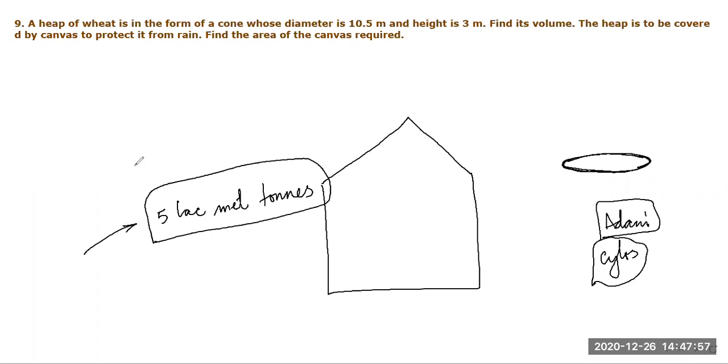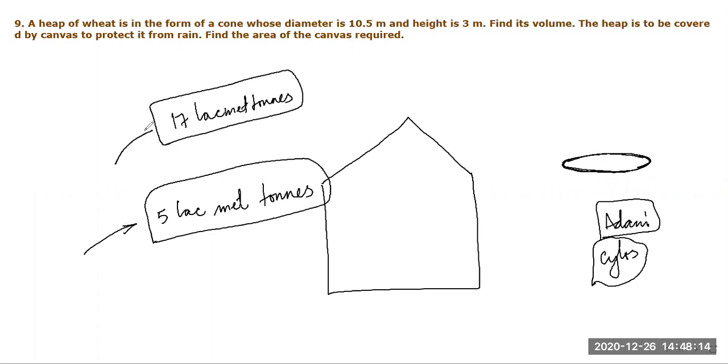And I tell you one thing, students, the total output of Punjab is only 17 lakh metric tons. That's a very dangerous figure.